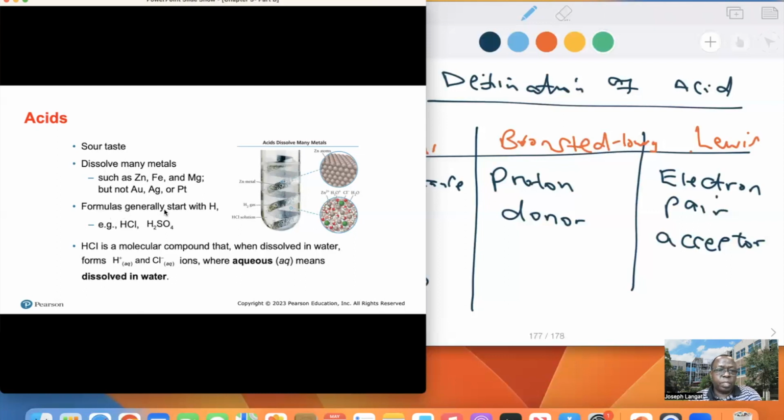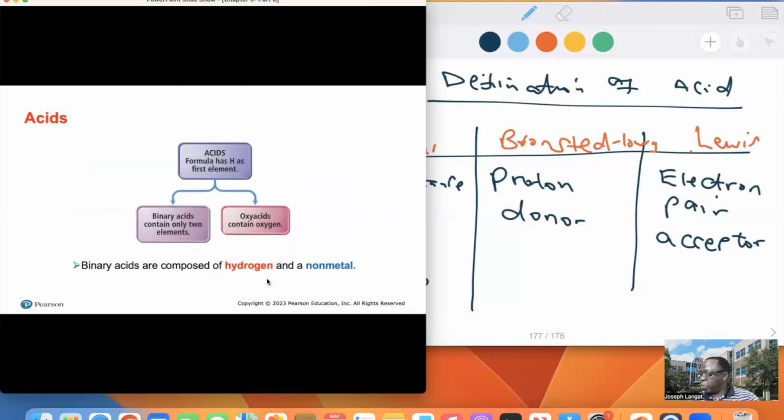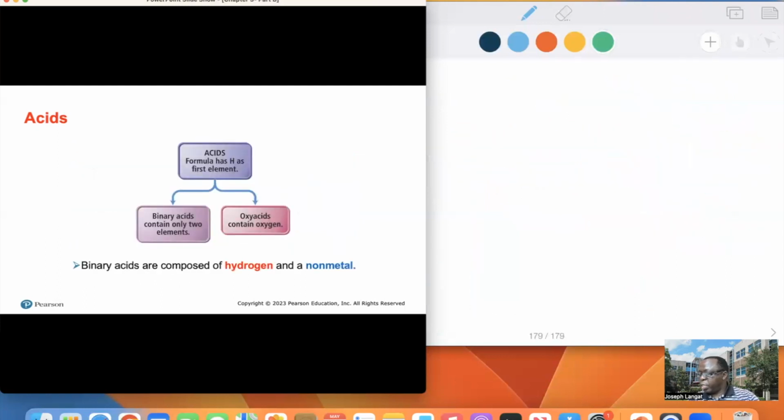Generally, the formula starts with H. It's just HCl, a molecular compound that, when dissolved in water, produces hydrogen ion. Take note of aqueous. Aqueous means dissolved in H2O. There are two categories of acids: binary acids and oxyacids.